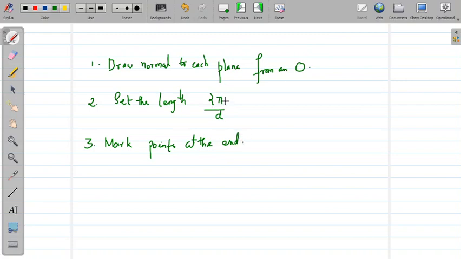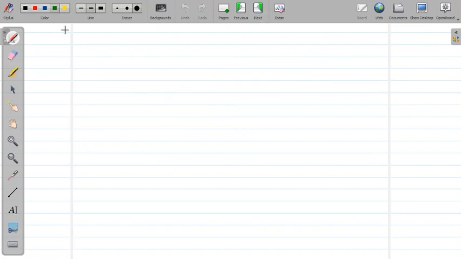So let us see how it is done by choosing an example. Let us choose a rectangular lattice and let us construct its reciprocal lattice. So this is a rectangular lattice.